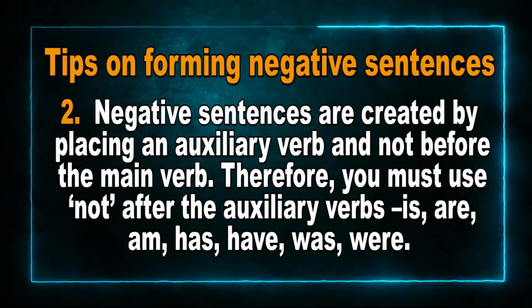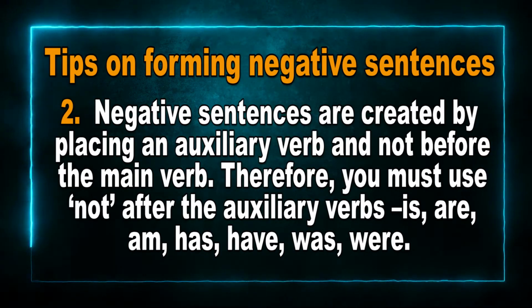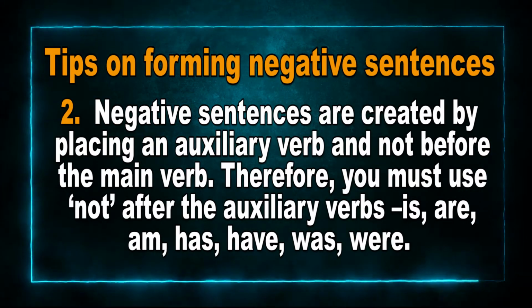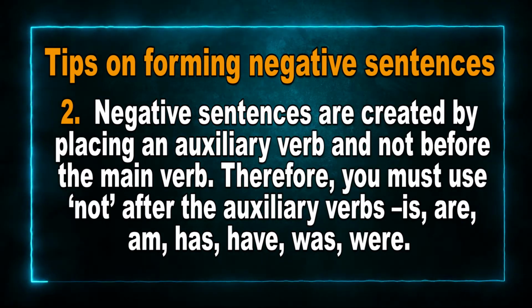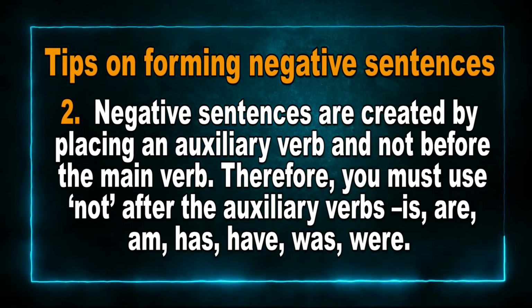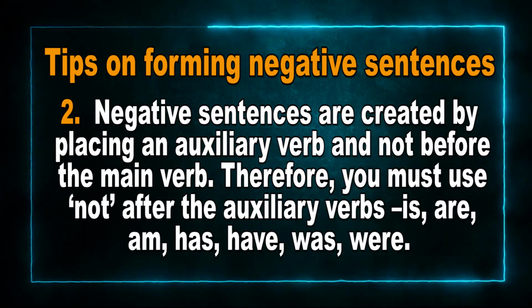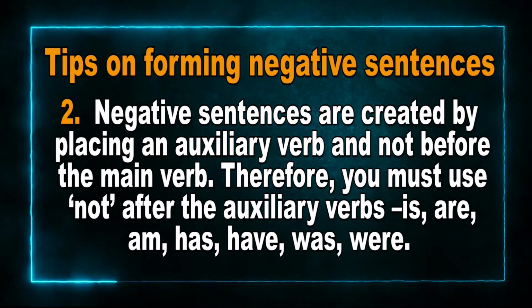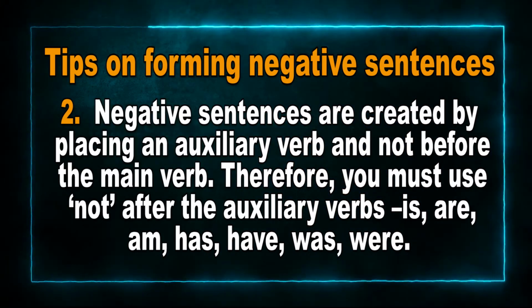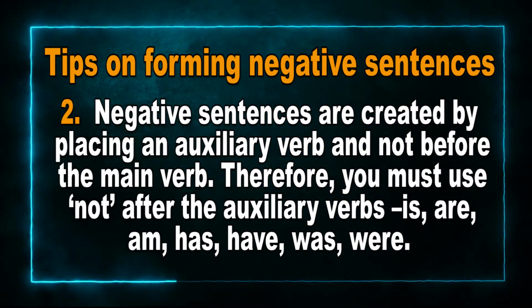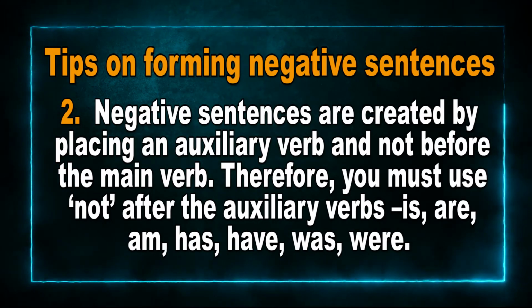Additionally, negative sentences are created by placing an auxiliary verb and not before the main verb. Therefore, you must use not after the auxiliary verbs is, are, am, has, have, was, and were.